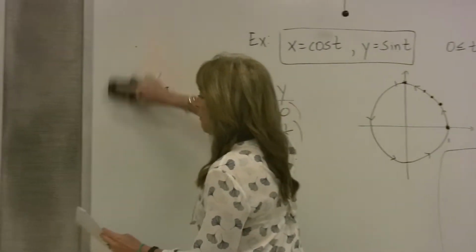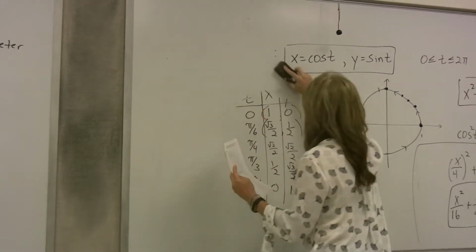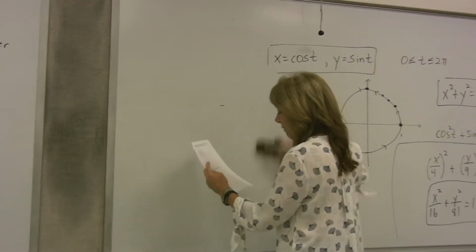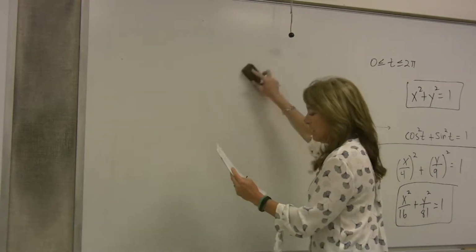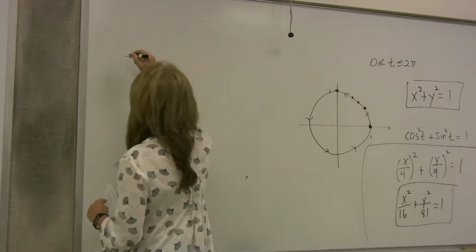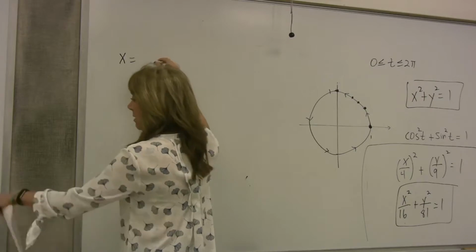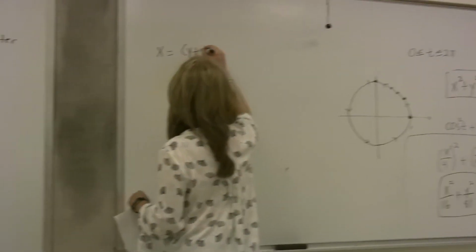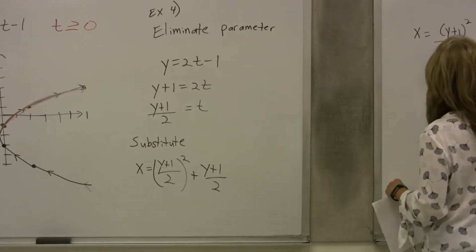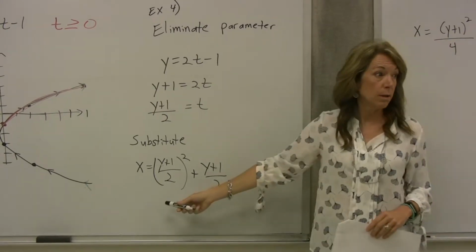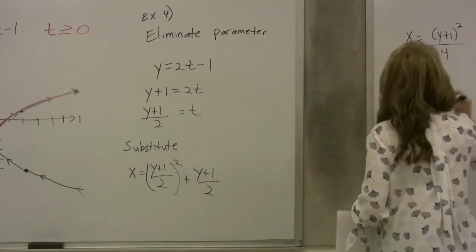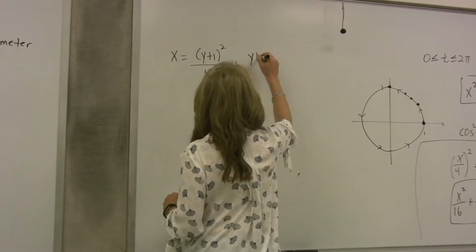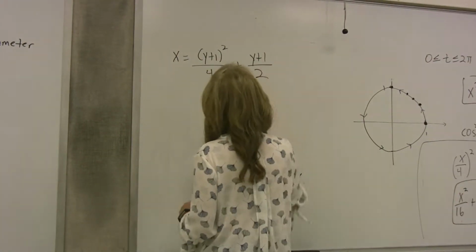So I want to simplify that. I'm going to say x equals (y plus 1) squared on top over 4, when I square this guy, plus (y plus 1) over 2.